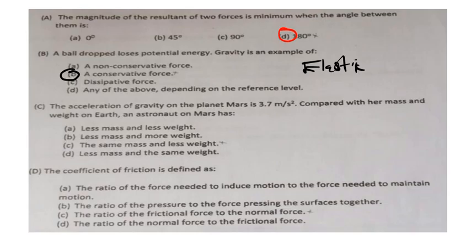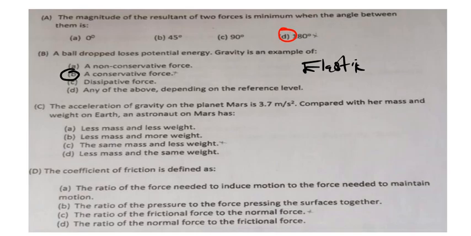Now let's solve C. For C, we are told that the acceleration of gravity on the planet Mars is 3.7 meters per second squared, compared with her mass and weight on Earth, an astronaut on Mars has dash. So what is our answer for C?